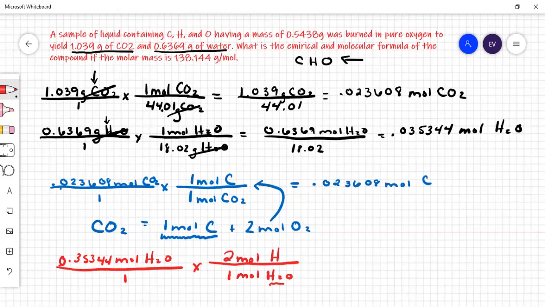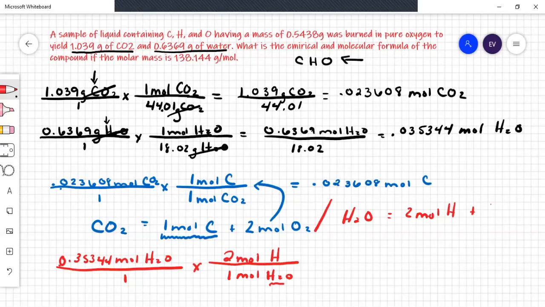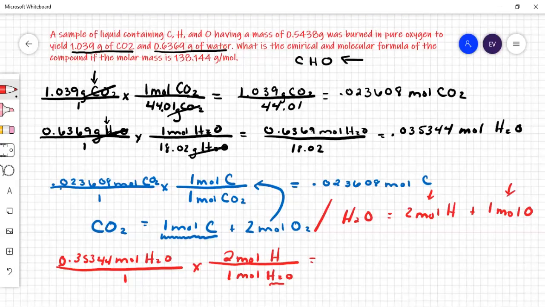And the same goes for the mole-to-mole ratio: H2O has 2 moles of hydrogen to 1 mole of oxygen. If I was looking for oxygen, I'd be using this one, but I'm looking for hydrogen, so I'm using that one. I know that 1 mole of H2O contains 2 moles of hydrogen, so I'm going to multiply straight across.